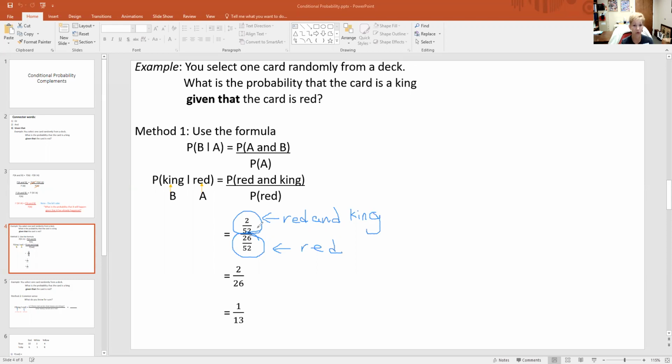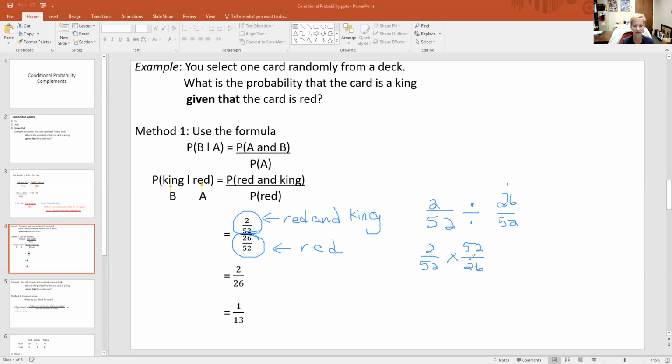Now, like we said before, what happens when those denominators match? Remember, you've got 2 over 52, and you're dividing it by 26 over 52. Most of the time, y'all tend to change it to a multiplication problem. Remember, the first number stays the same, that division turns to multiplication, and then you take the reciprocal of that second number, which means you flip it.